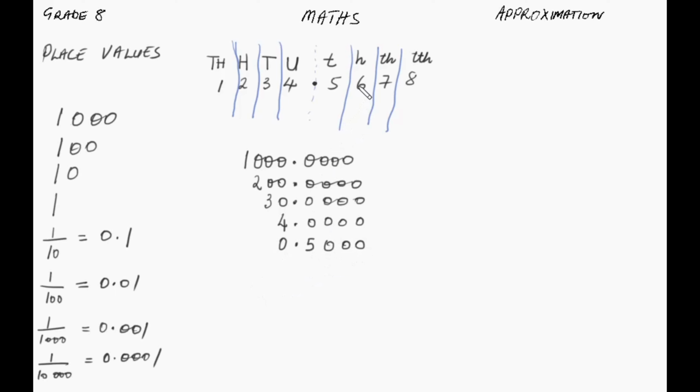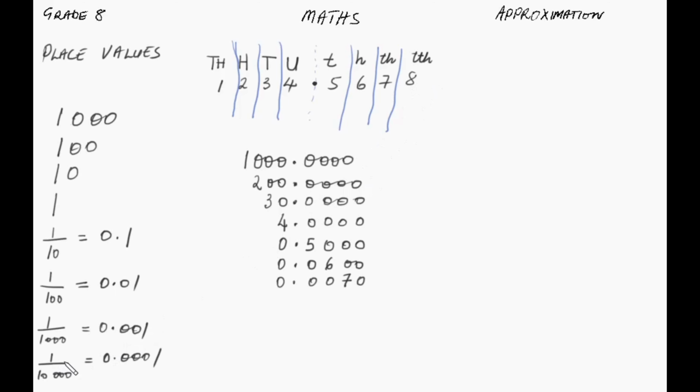What about this one? It's a hundredth. Hundredth is 0.01, so because it's 6 here, we are going to have 0.06. Then we keep the place value by adding zeros. Now what about this one? It's a thousandth. A thousandth looks like this, 0.001. Since we have 7 here, it's going to be 0.007. Now, the last digit here is the 10,000th.